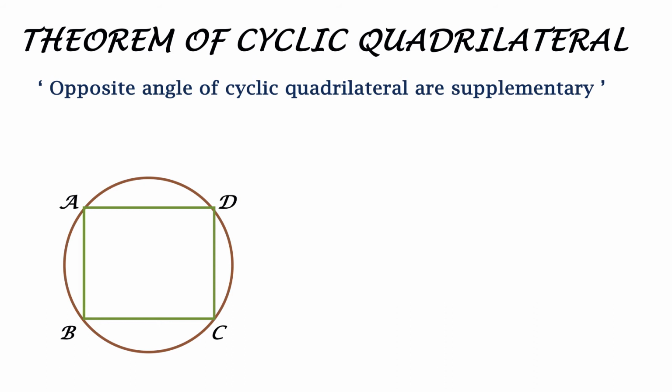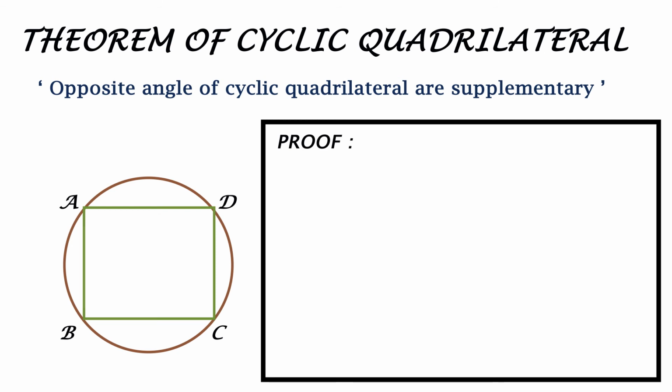Angle A and angle C. The sum of these two angles, angle A plus angle C, is equal to 180 degrees. And the next pair is angle D and angle B, which are opposite angles. The sum of angle D and angle B is equal to 180 degrees. We want to prove both of these. Now we turn towards the proof.